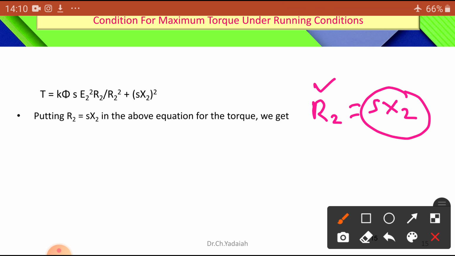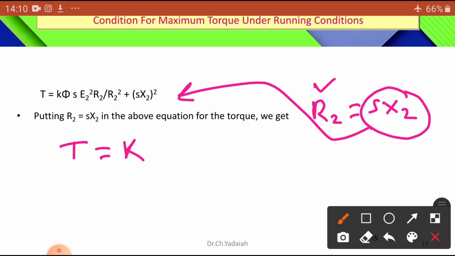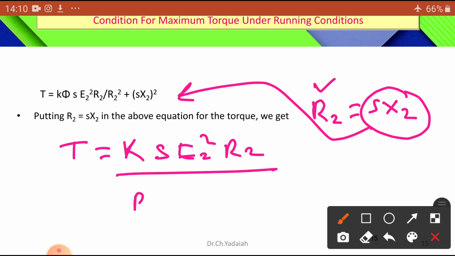So I substitute this condition into my equation. I know the torque is equal to K1 times S E2 square R2 by R2 whole square plus S X2 whole square.